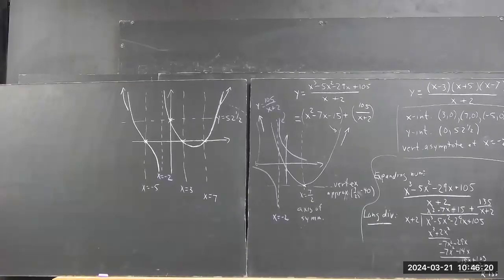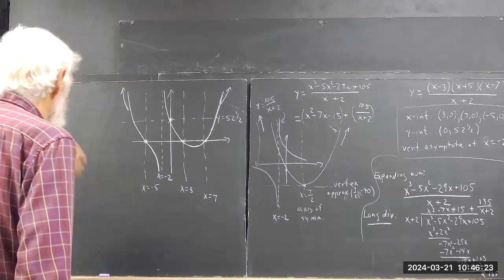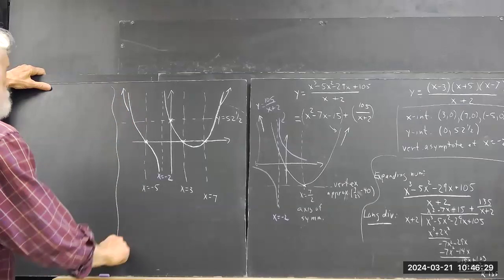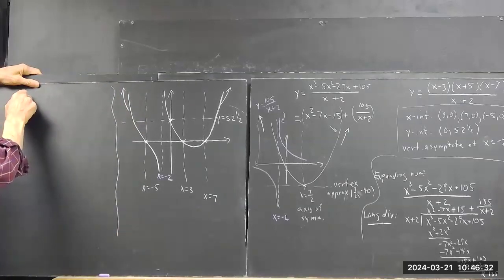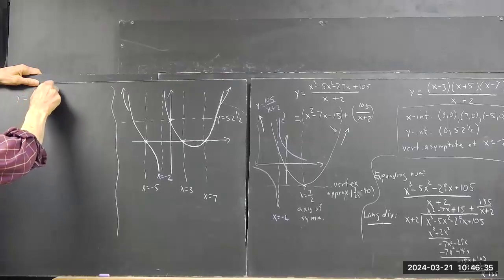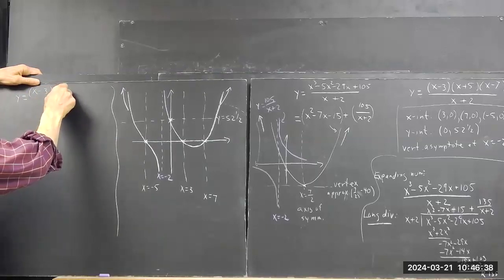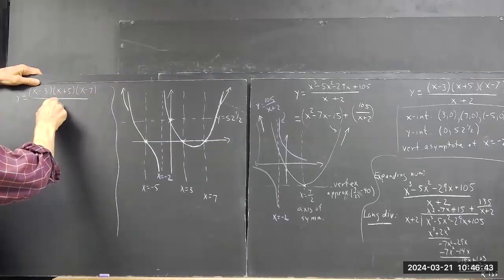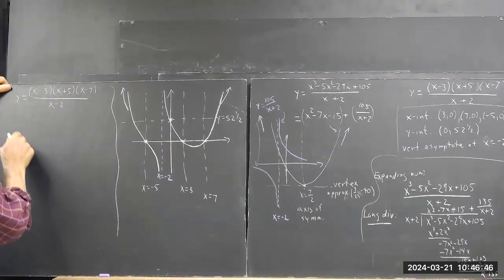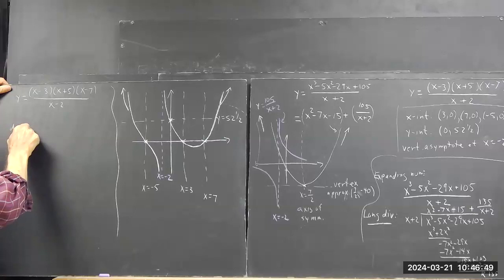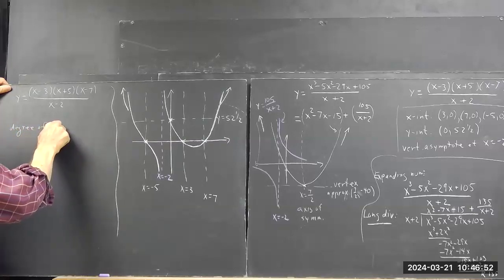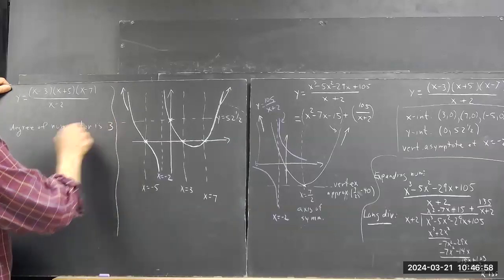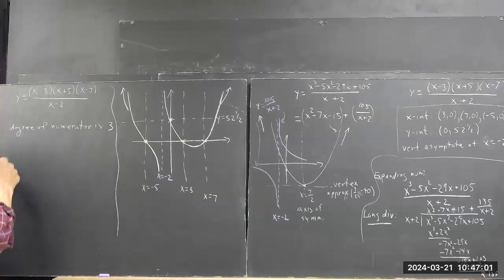Okay, well, for this example, the degree of the numerator is 3.